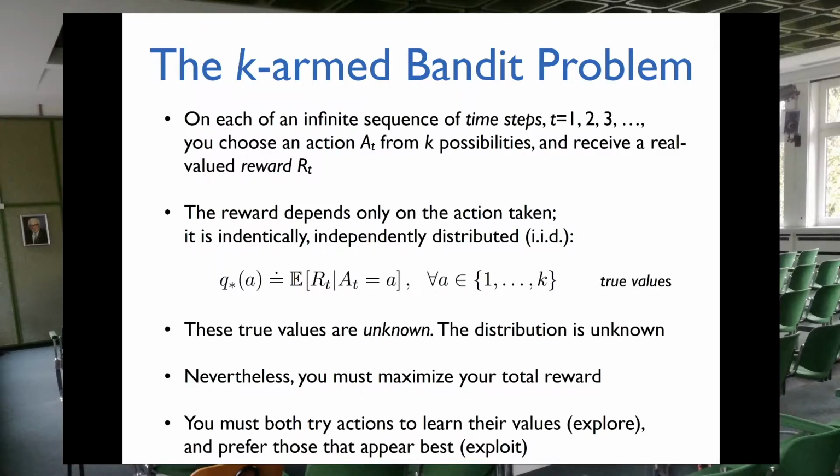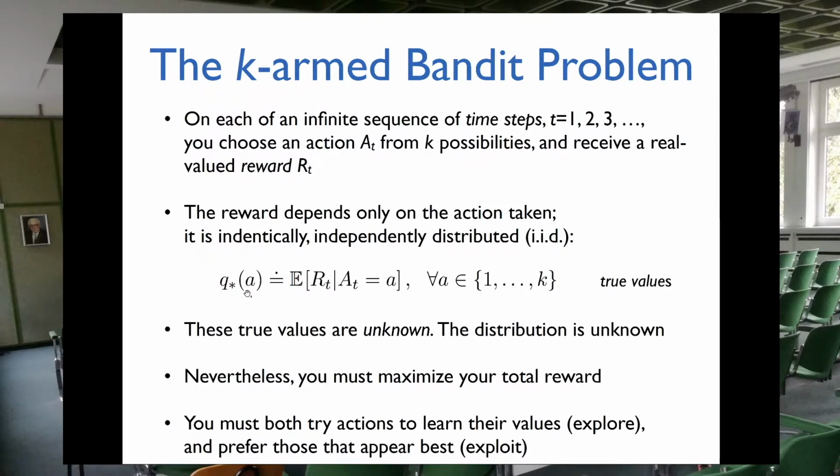So we are assuming here that each time you pull the lever, or you select an action in this machine, the reward that you will get is independent of previous rewards, and the function behind the machine that generated this reward is identical from one play to the next play. So this is the IID framework.